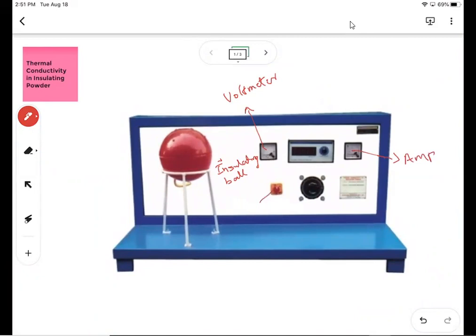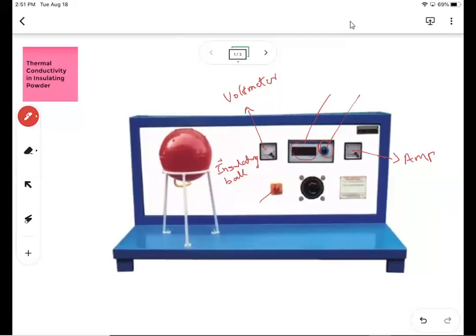This is the on-off switch, and this one is a digital indicator which will show the temperature readings from T1, T2, T3, T4, T5, T6, T7, T8, T9 and T10. You just have to rotate this knob in order to get the various temperatures displayed over here.